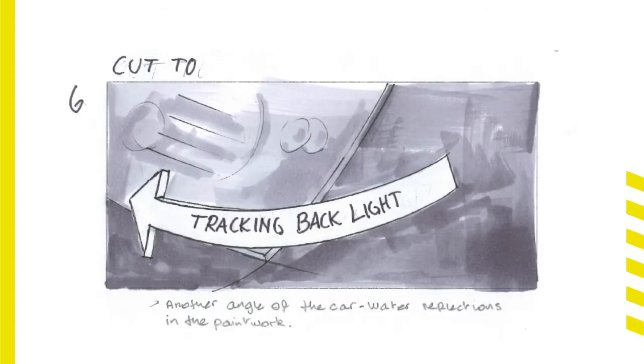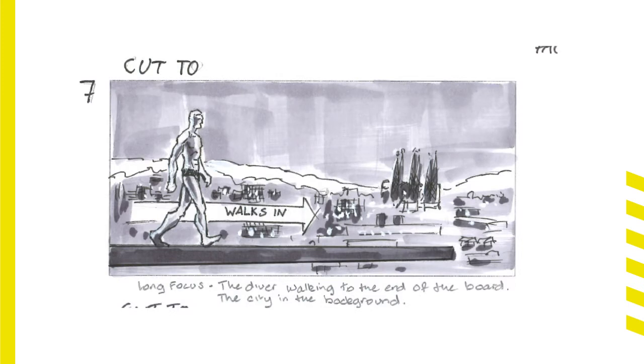And then we have a new situation where we have another angle of the car where the camera is tracking real close. Perhaps this is indicating the backlight of the car. And then we cut to a profile of the diver walking in, and he even wrote the lens here, long focus, so we get a really flat image.